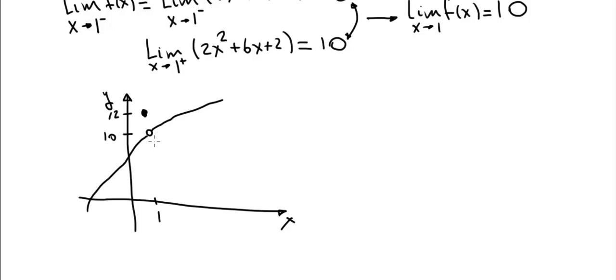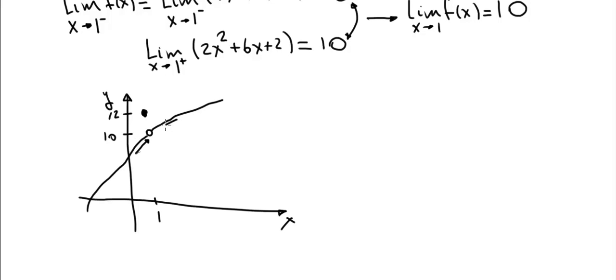So remember, the limit is not necessarily the value of the function. The limit simply says, as the x-coordinate approaches 1 from left or right, what's happening to the y-coordinate. And you can see from the left, the y-coordinate is heading toward this hole whose y-coordinate is 10.